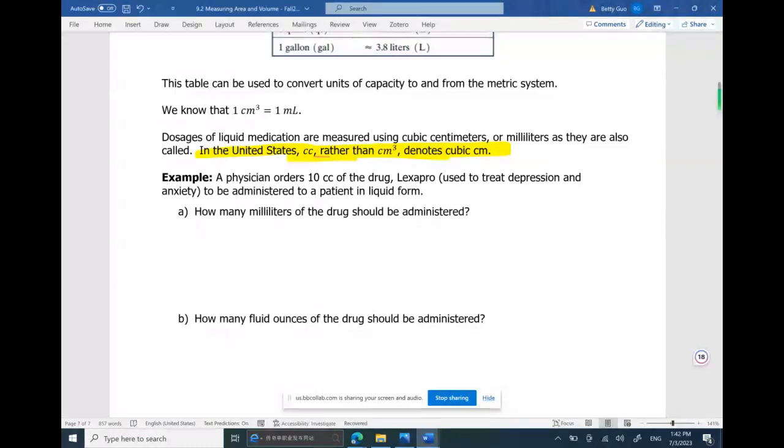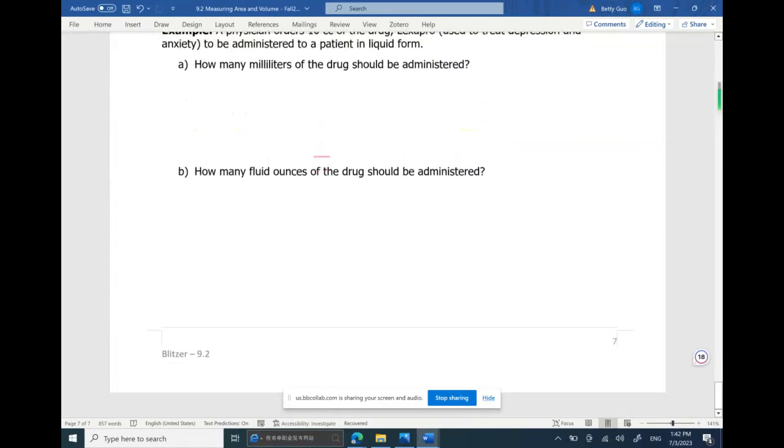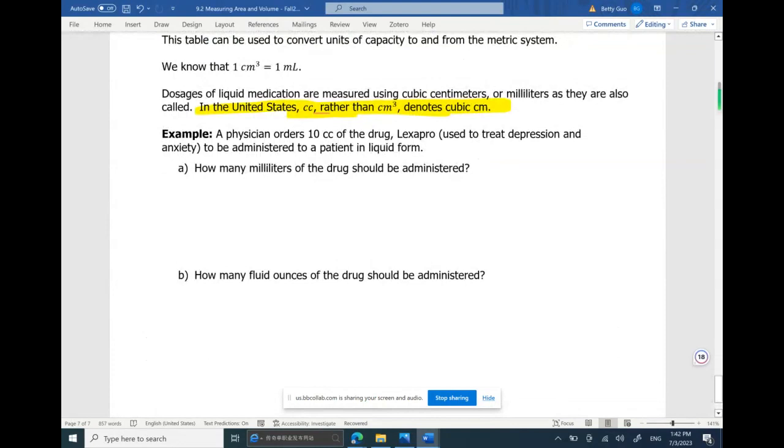A physician orders 10 cc of the drug Lexapro, used to treat depression and anxiety, to be administered to a patient in liquid form. We have 2 parts. Part A, how many milliliters of the drug should be administered?